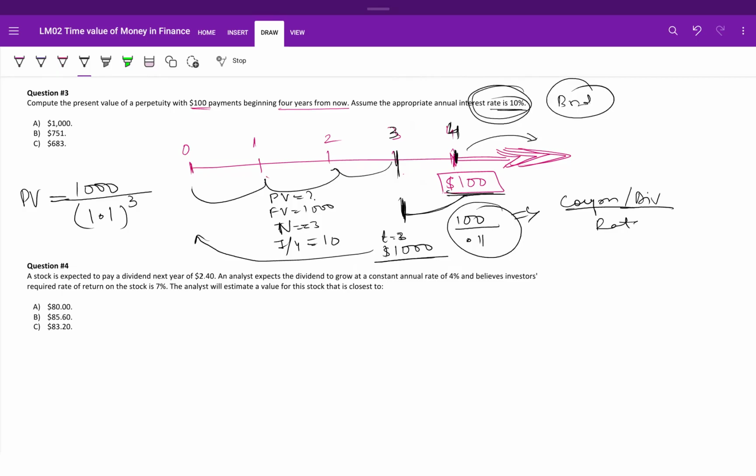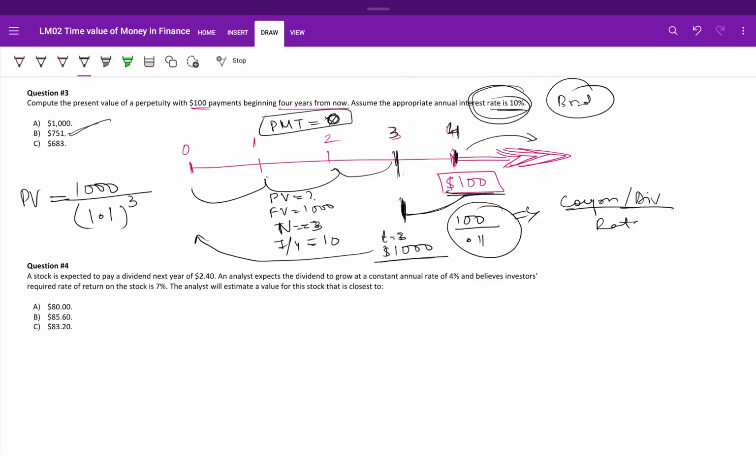What am I missing? Payment. There is no payment, so payment is going to be zero. If you plug all these numbers into the calculator, you will get roughly 751, something with decimals.